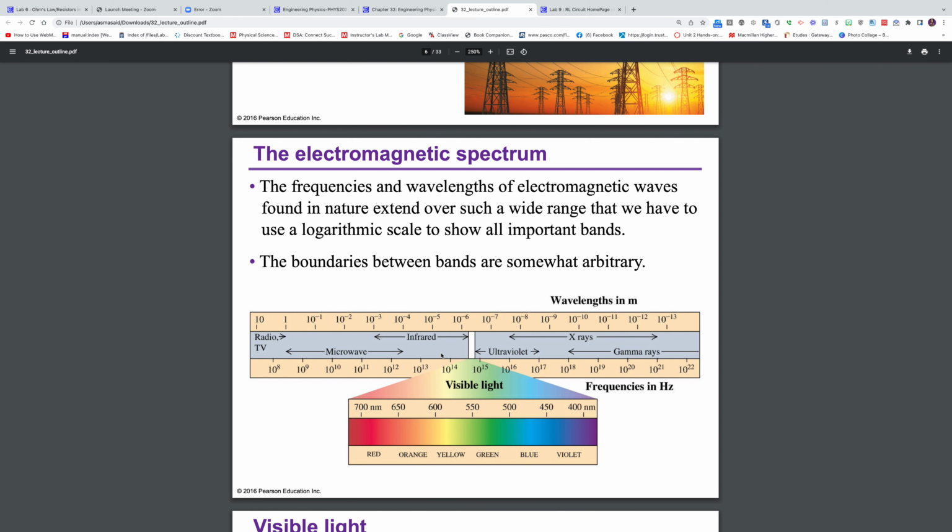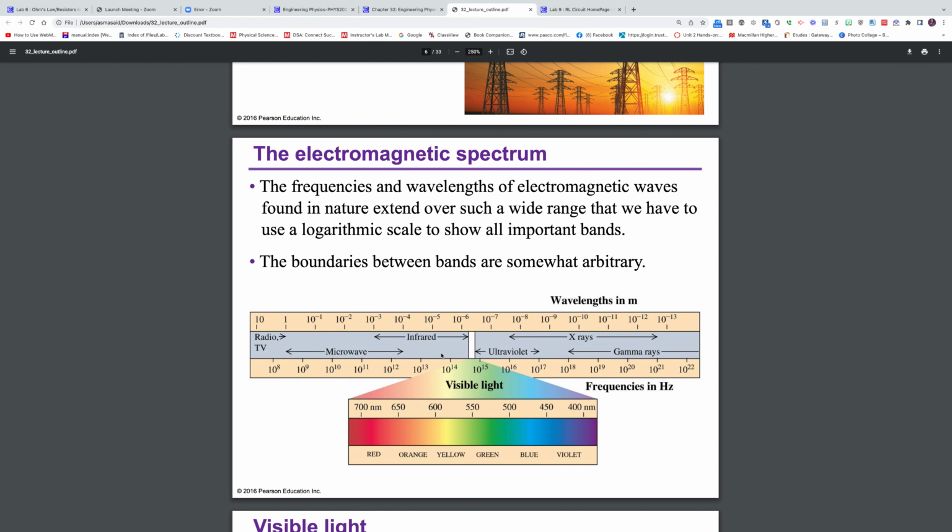It's a wide range of frequencies and wavelengths, and therefore it is shown here on a log scale, because it's a very long range.